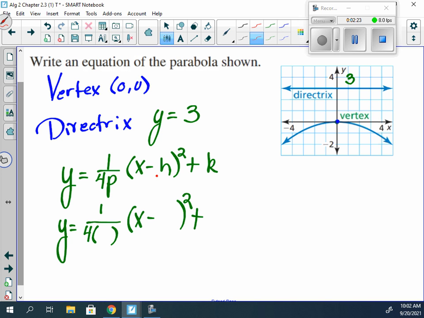Now, what do we know about the values of h and k? It's the vertex. Well, what are the values of the vertex? So h is 0 and k is 0.